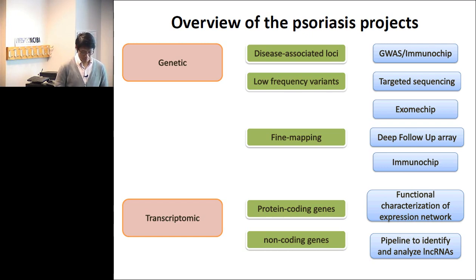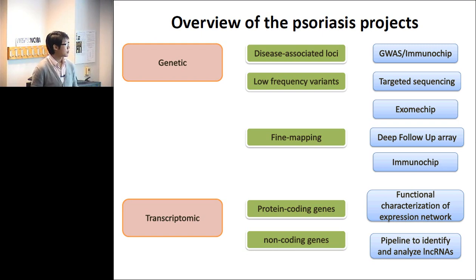Then we also have different customized genotyping arrays, such as the follow-up array or Immunochip, aiming to do fine mapping to identify potential causal variants within disease-associated loci. I'm going to concentrate my talk today on the genetic area.